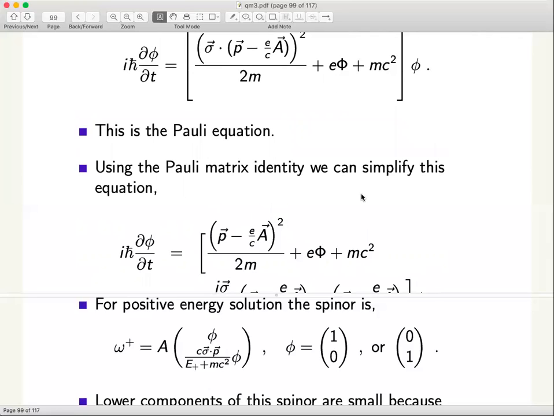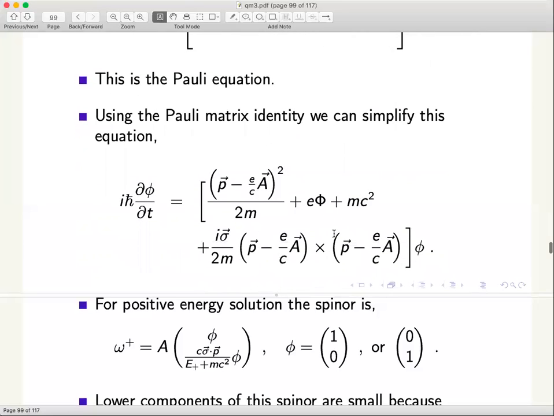Now remember, in vector algebra, if you see a quantity like epsilon_ijk a_i b_j c_k, then you will say that this quantity is a dot b cross c. That is the kind of expression you would get. So that is the second piece: i times sigma upon 2m times the cross product of pi_i with pi_j, or pi with pi.